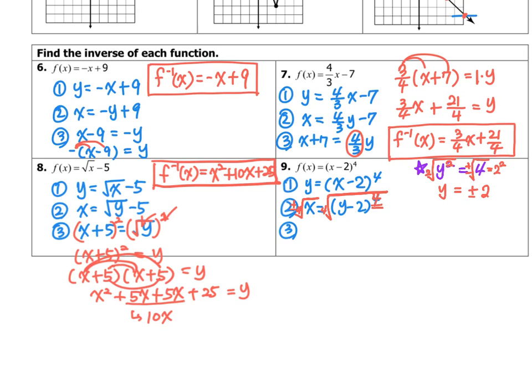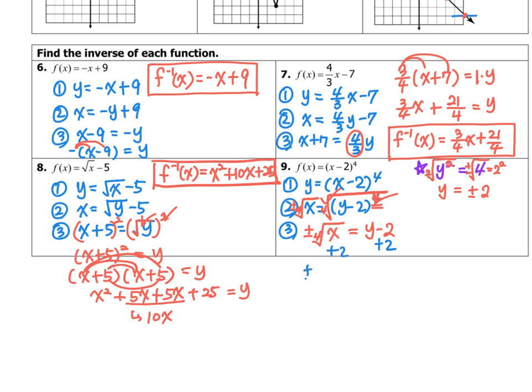So you're going to have plus or minus fourth root of x equals y minus 2, because the fourth root and the fourth power cancel out each other. The last step, you're going to add 2 on both sides.